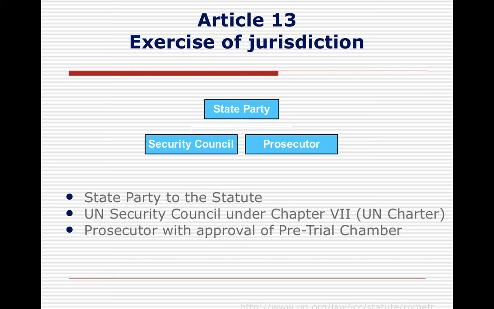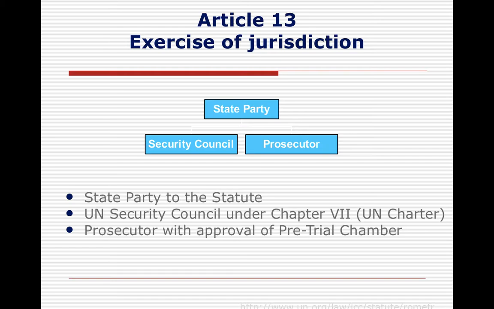Now here it becomes a little bit more global, in the sense that even non-members of the Rome Statute can be subject to prosecution of crimes if it is referred by the Security Council. But we shouldn't worry too much about this, because even before the Rome Statute, the Security Council had such powers, which is the establishment of the ICTY and ICTR.